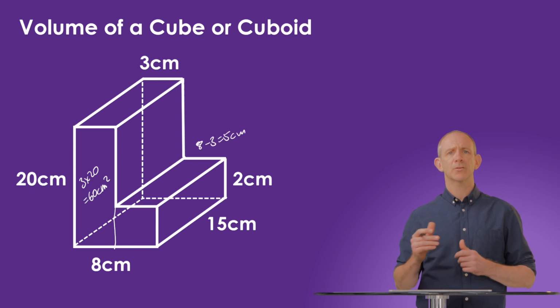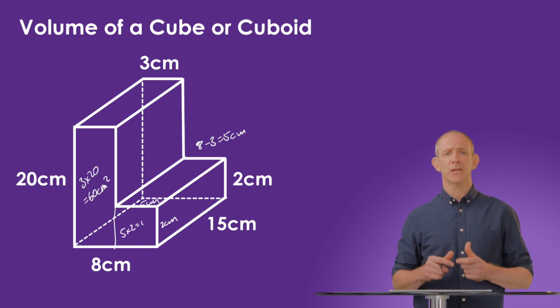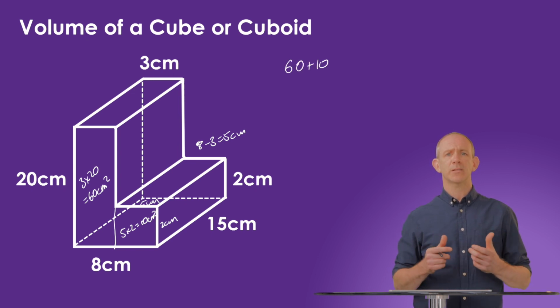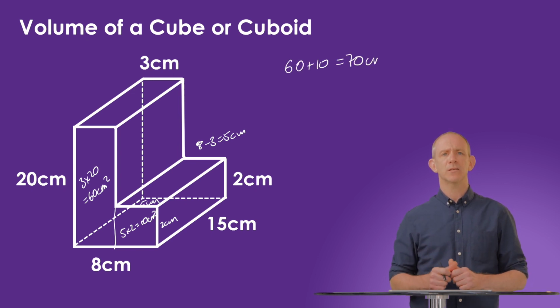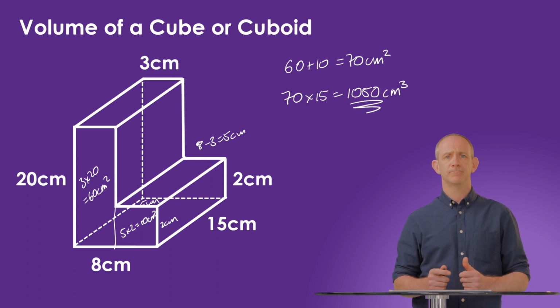We can multiply by the 2, which we can bring forward from the back face, to be 5 times 2 to give us 10 centimeters squared. Now we can add the areas of these two rectangles together to give us 70 centimeters squared. We can then times that by the depth of 15 centimeters to get 1050 centimeters cubed.